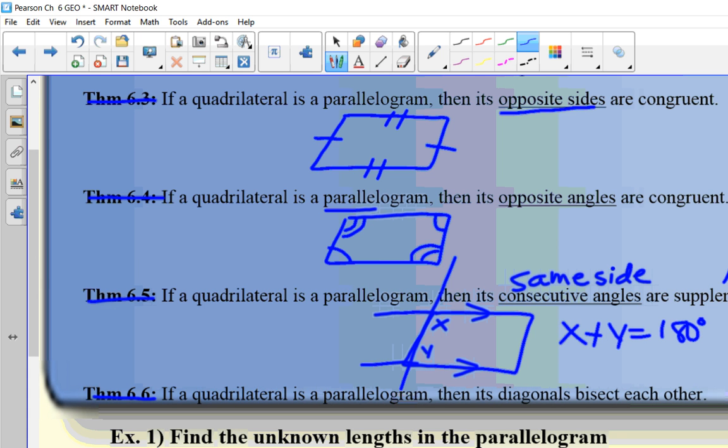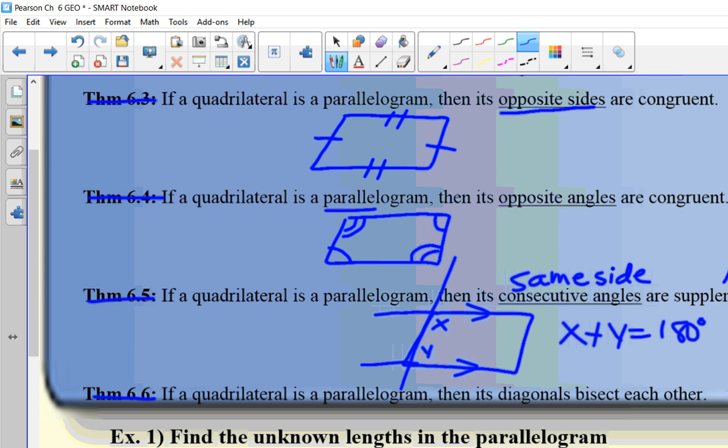Okay, so let's make sure that this is another rule or key that we need to have down here. Consecutive just means they're kind of on top of each other. We know them as same side interior angles and a transversal. Okay, so we're using those rules again.